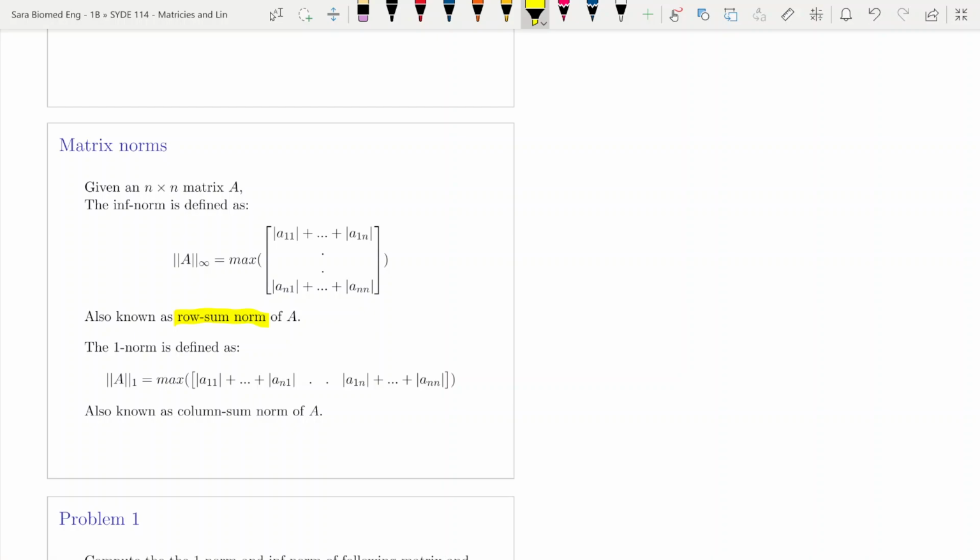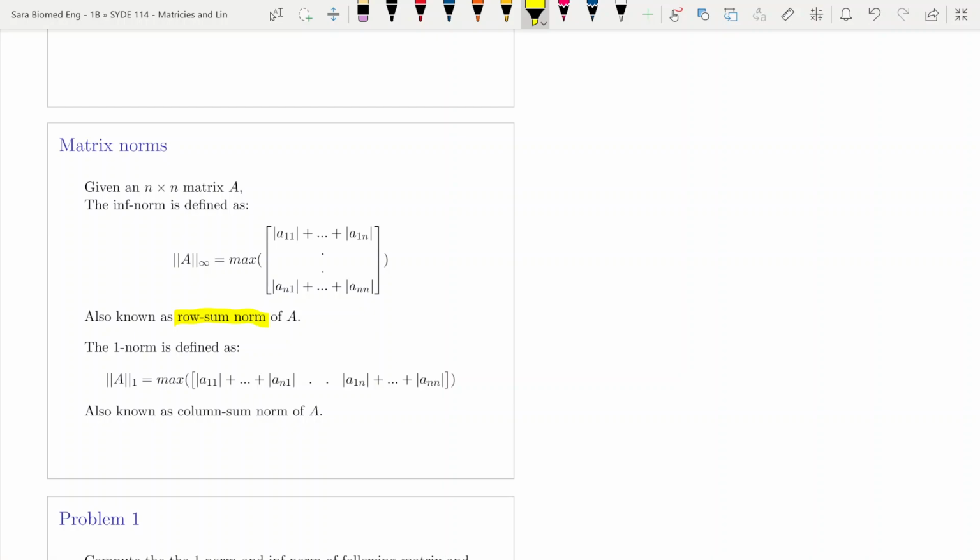The inf norm, or row sum norm, is the maximum of the absolute value of A11 plus the absolute value of A12, and the absolute value of A21 plus the absolute value of A22. So first of all, you take the absolute value of each and every entry.